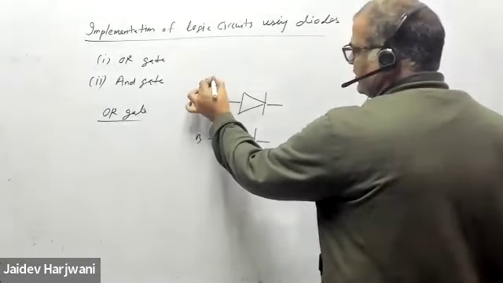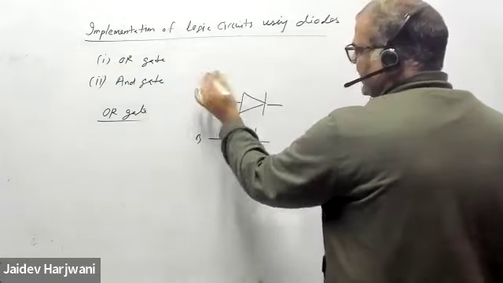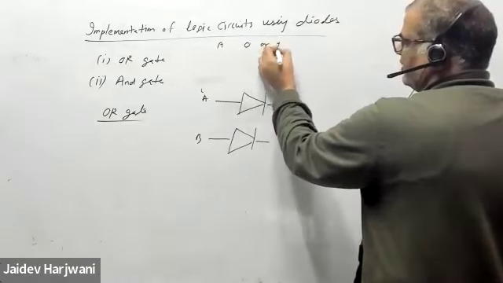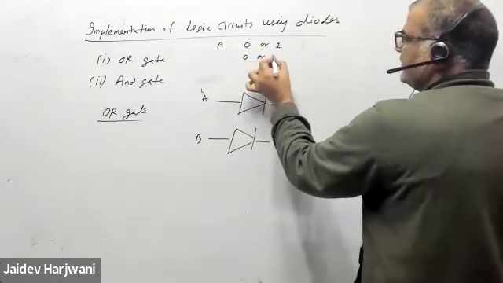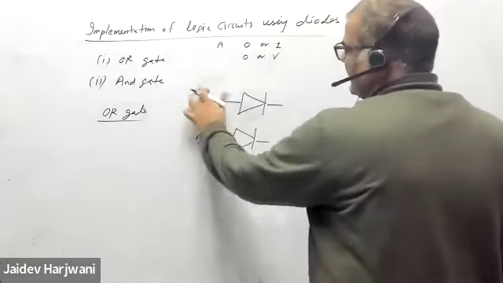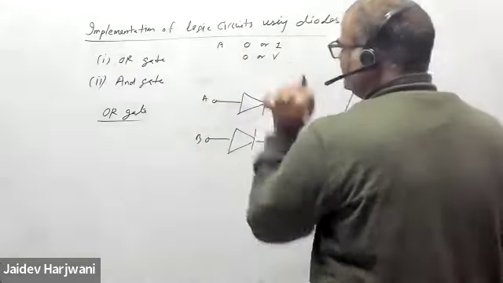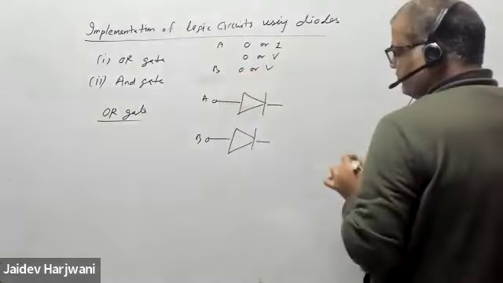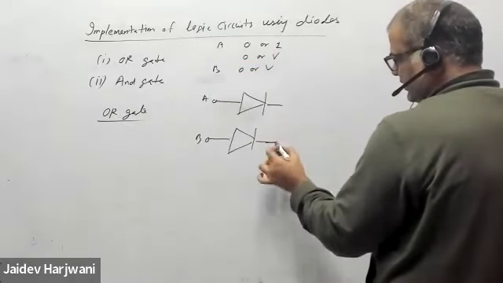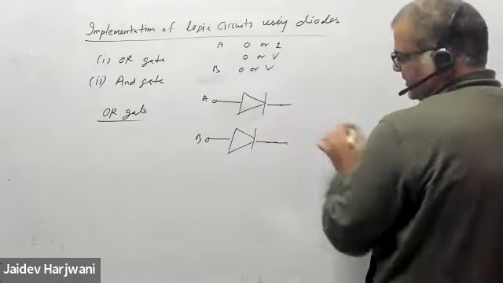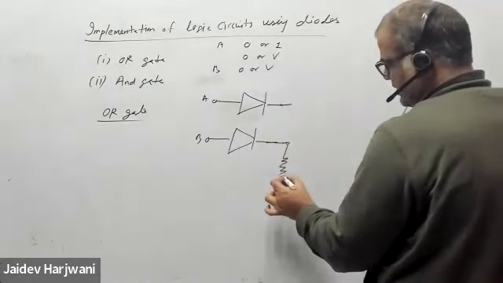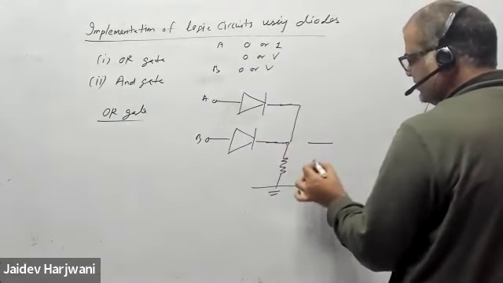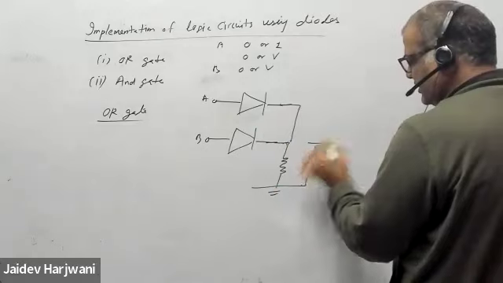So you can apply here V volt or 0 volt; similarly for B. That much voltage you can apply. And here, let me put a resistance, connected like this, and I'm measuring the V naught here. Output I'm measuring here.